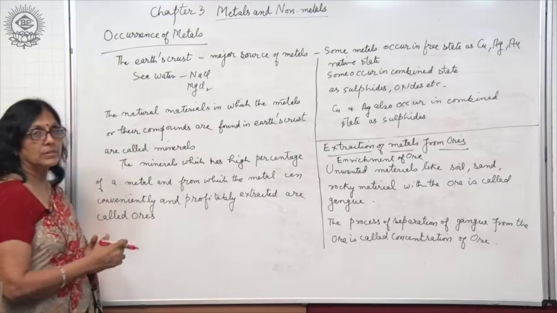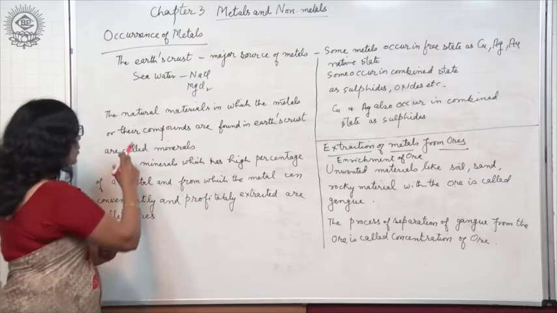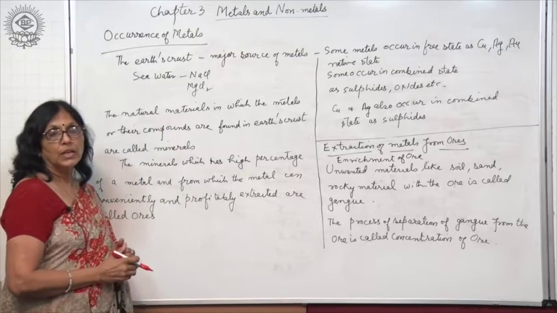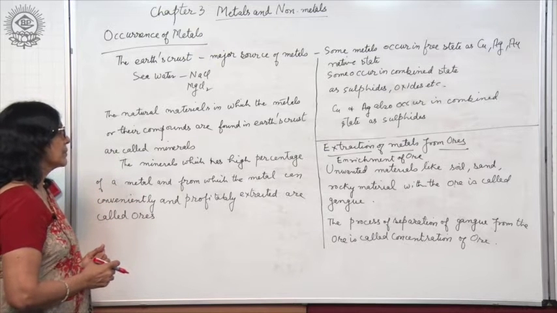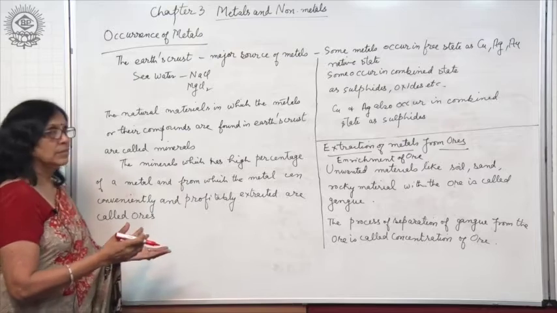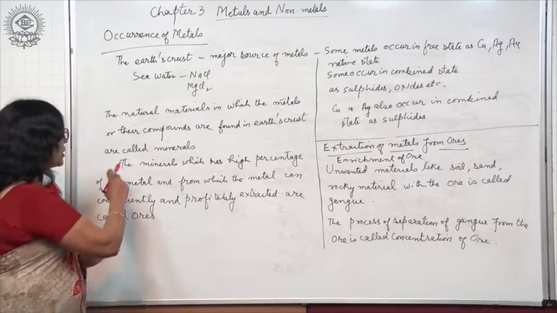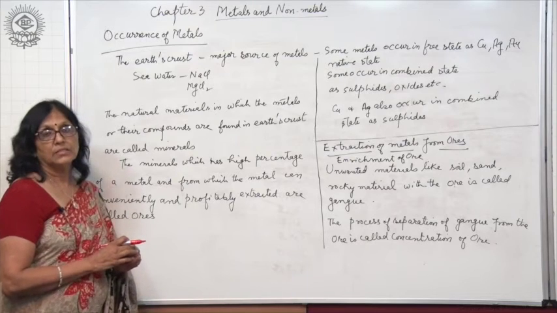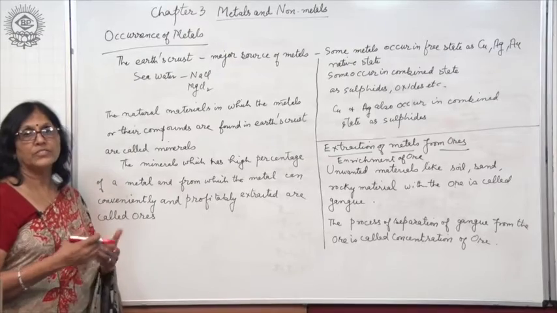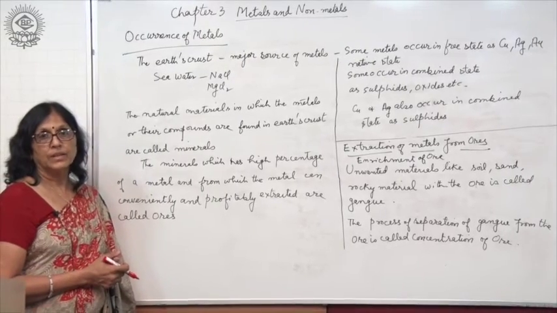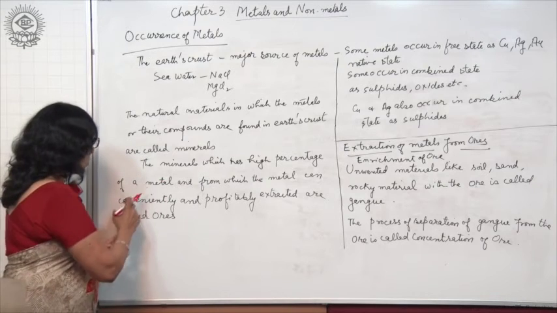So, these natural materials in which the metals or their compounds are found in the Earth's crust are called minerals. The minerals have the metals in the combined state, and those minerals which have a high percentage of metals, and from which we can extract the metal conveniently and profitably, are called ores.